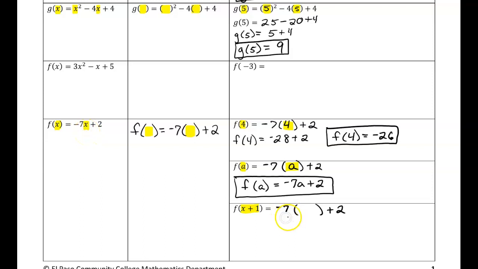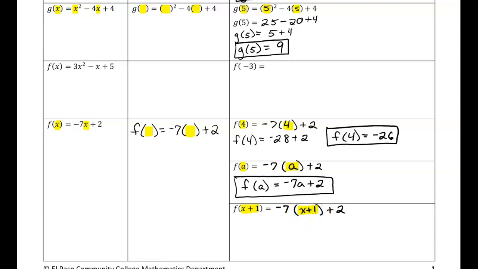So I have my skeleton, negative 7 times the blank space that we're going to fill in, plus 2. In this case, that blank is not just a number, not even a single letter, but it's a number plus a variable. It's that x plus 1, right? Variable plus a number.